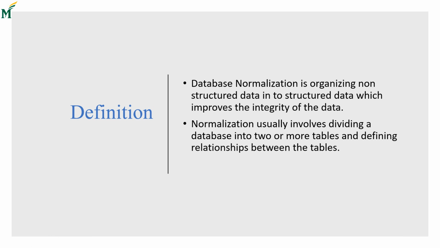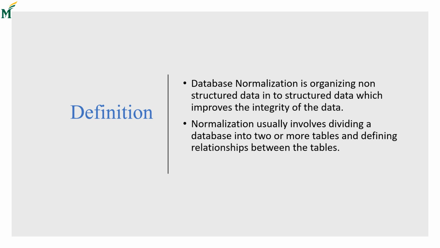A poorly designed database is inconsistent while adding, deleting, and updating. Database normalization is organizing non-structured data into structured data, which improves integrity of the data. Normalization usually involves dividing a database into two or more tables and defining relationships between the tables.